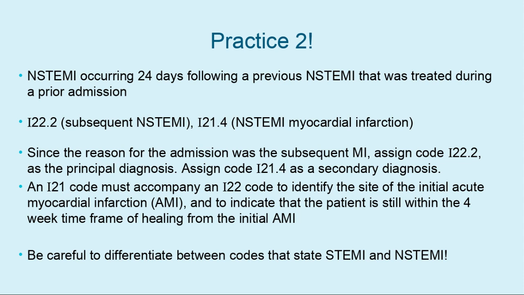An I21 code must accompany an I22 code to identify the site of the initial acute myocardial infarction and indicate the patient is still within the 4 weeks time frame. Be careful to differentiate between STEMI and NSTEMI. That can be really confusing and easy to get mixed up.